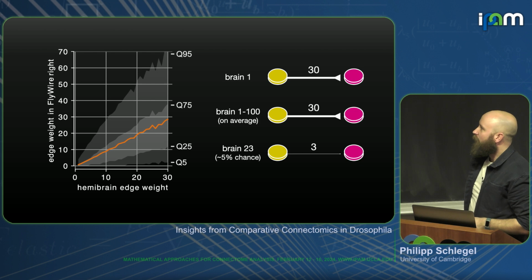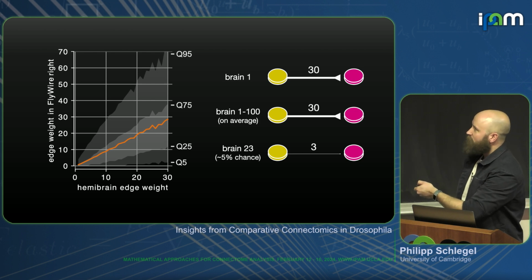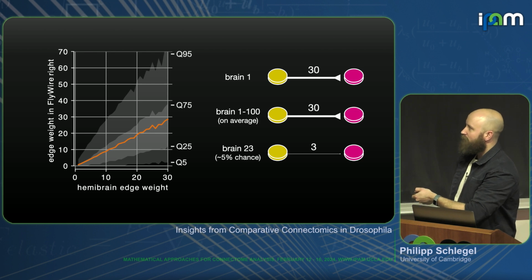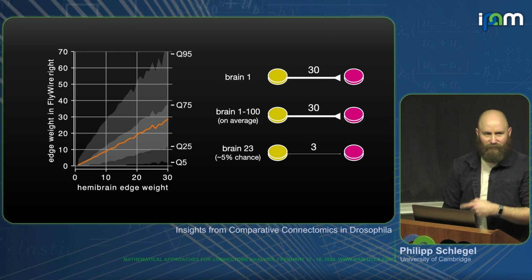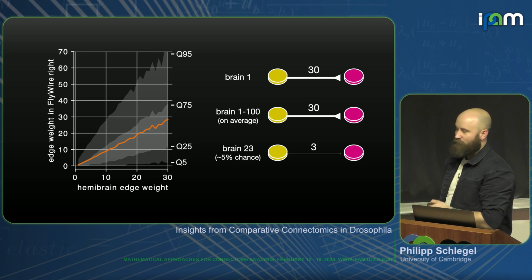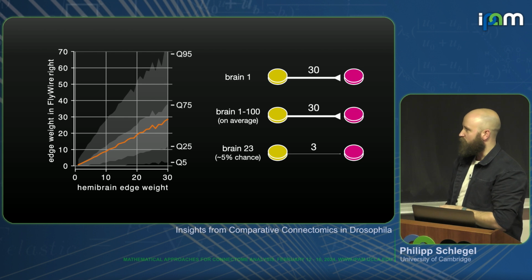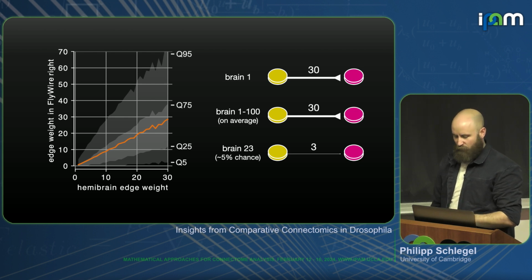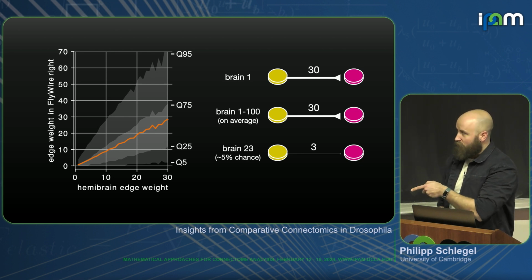Again, to give you an intuition, if you've got an edge of 30 synapses in brain 1, and you look for the same edge across 100 brains, the average is 30. But there's a 5% chance that in one of those brains, it'll be just 3 synapses, which is quite a big contrast. Now that's across brains.